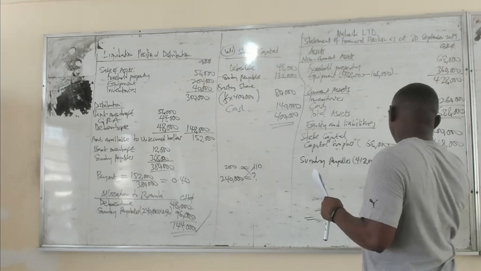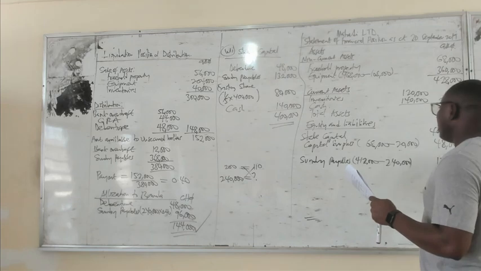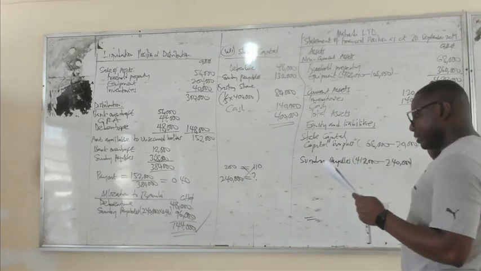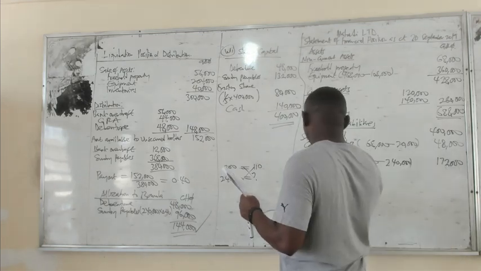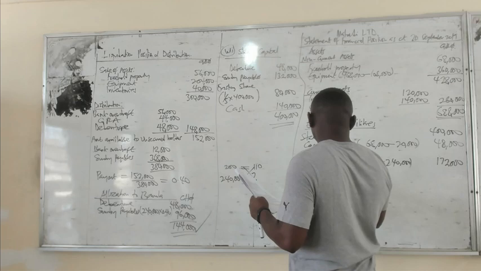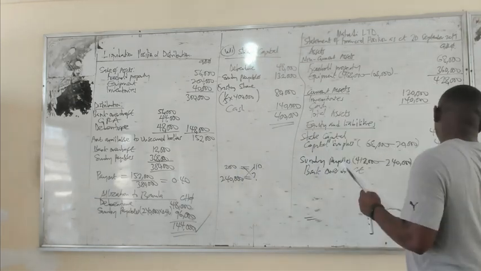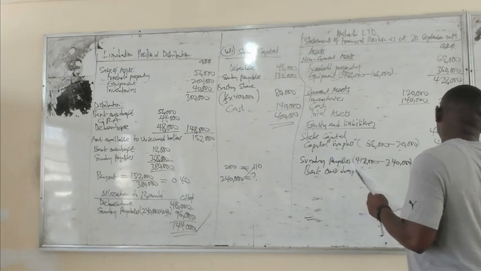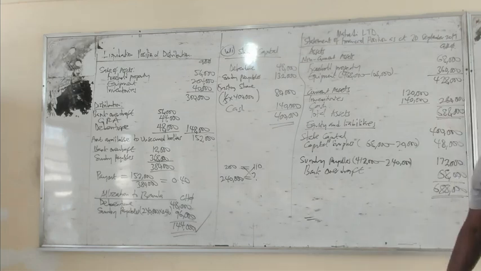So it's going to be 170. Then the last one is the bank overdraft, 8,000. So you add, and we are expected to get this. So please let's add and confirm.